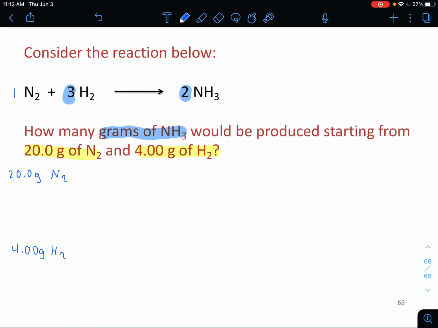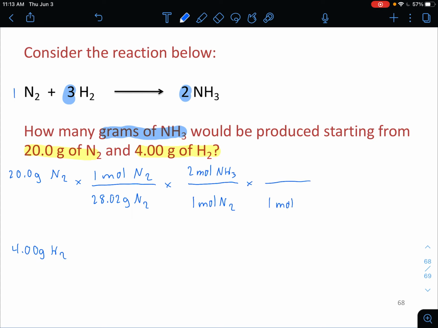Okay, so 20 grams of N2, 1 mole of N2. It's 14.01 each, so 28.02 grams of N2. For N2, the balanced equation says 1 mole N2 in, 2 moles NH3 out. And then for 1 mole NH3, it's 14.01 plus 3.03, so 17.04 grams NH3.